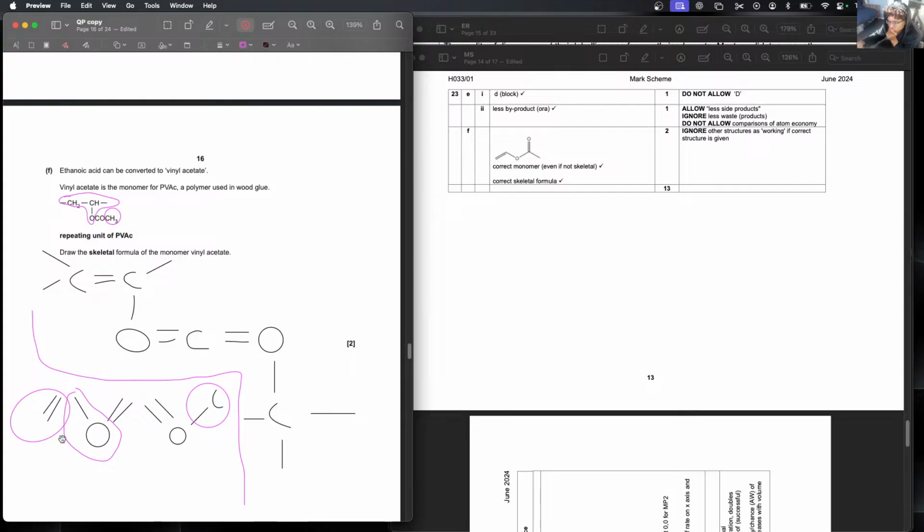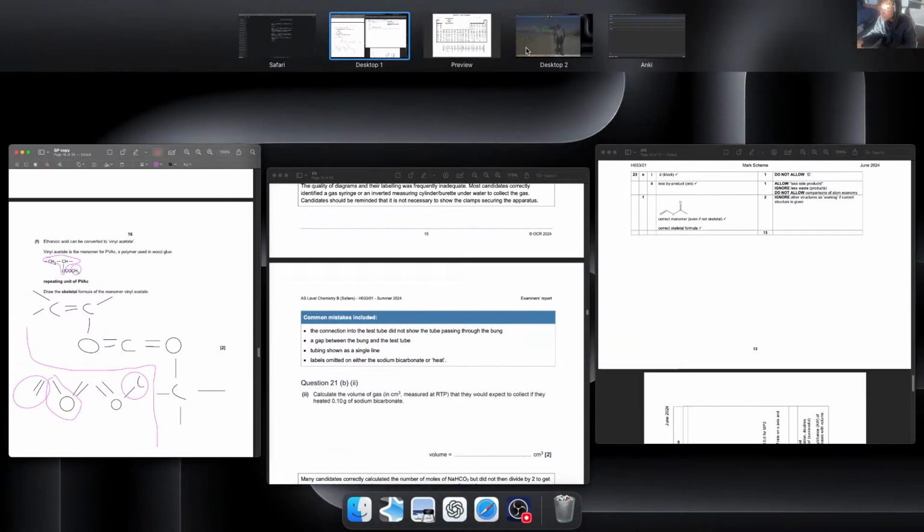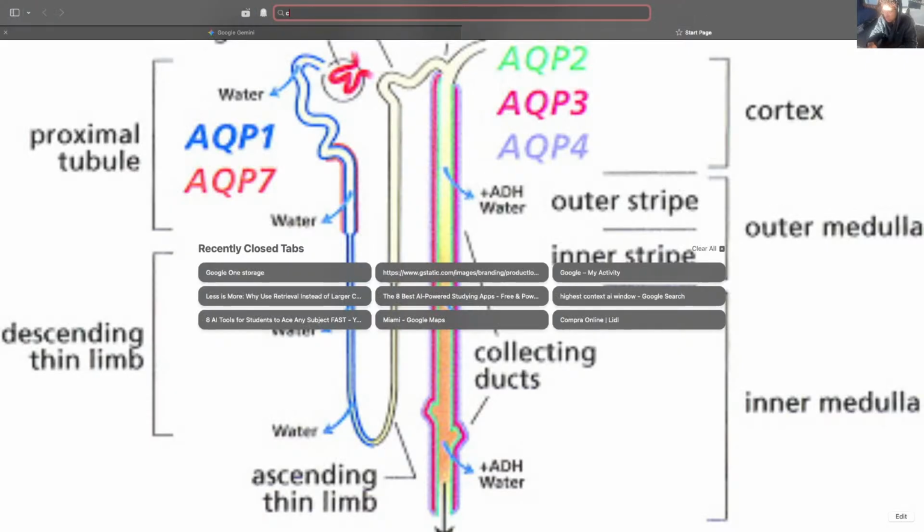I have 1, 2, 3, 4 as well. So what have I done wrong here? Okay. Let's see if Gemini can figure it out, and if not, we'll use ChatGPT.